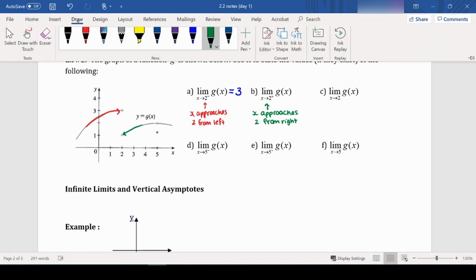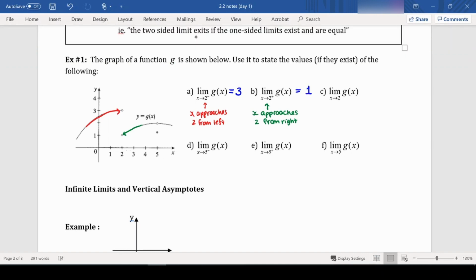And as we do that, our y values are getting closer and closer to a y value of 1. So you can see that because the two pieces of the function don't have the same y value from the left and the right, our limits are not the same from the left and the right. And what this means is because our left-hand limit is 3 and our right-hand limit is 1, our overall limit does not exist.